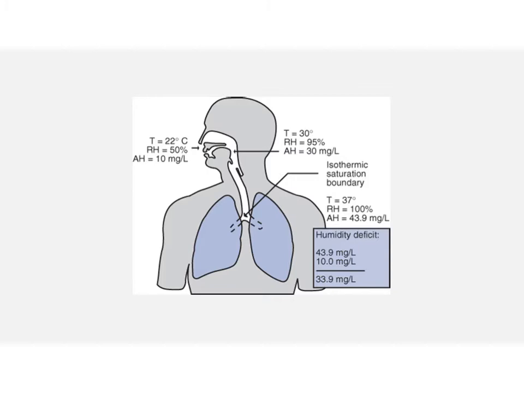So another way to look at this is I like to think of it as buckets. So up here, when we're in the oropharynx, just outside the nose, we are going to say that this is that bucket. So we are at 30 degrees Celsius, and its capacity is 30 milligrams per liter.